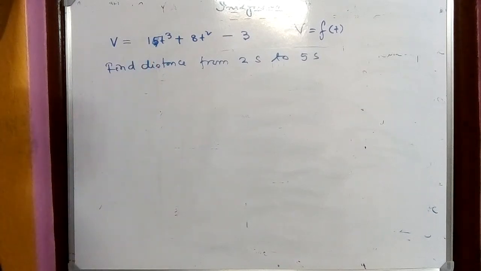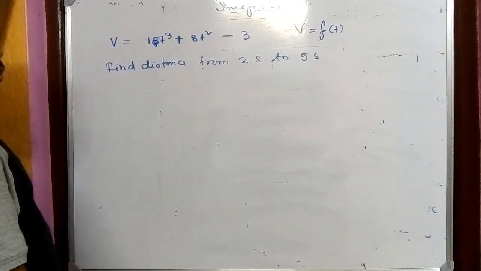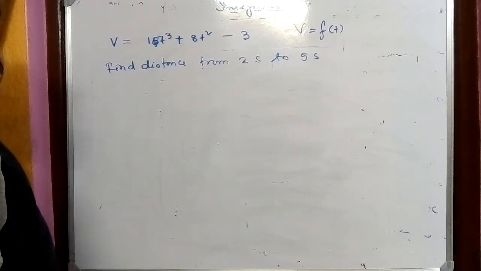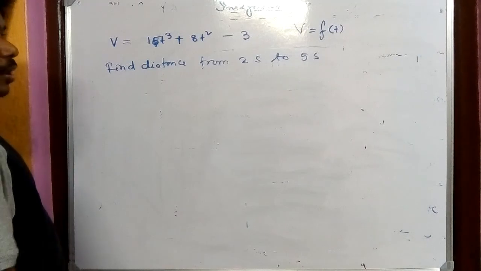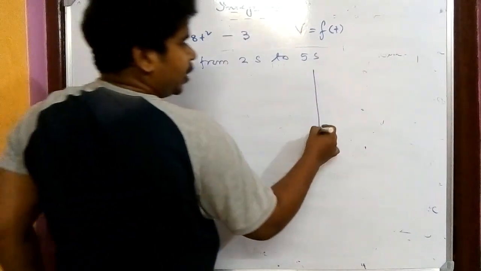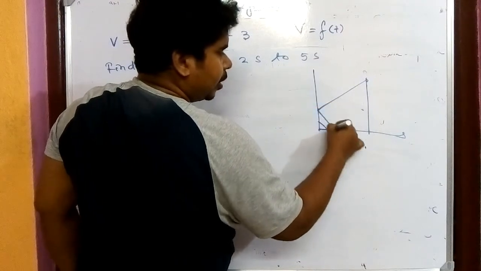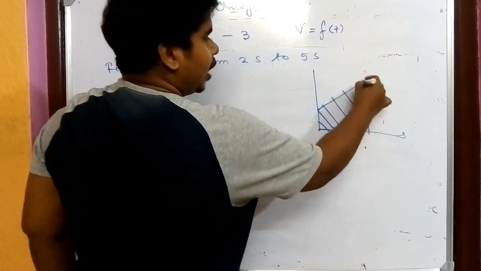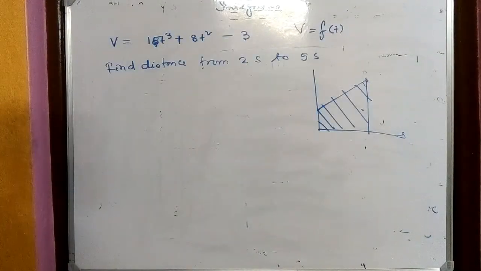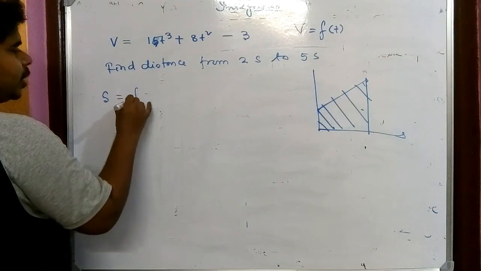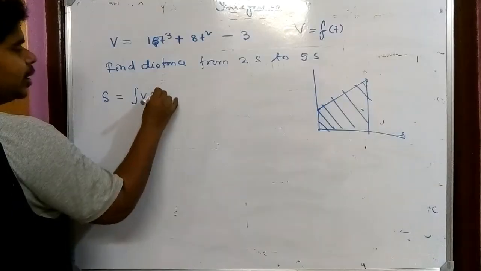As the velocity is given, we know the integration of this velocity will give us the total distance, because a velocity-time graph is given to us. If I find the area, then we are able to find the distance. And how can we find the area? By finding the integration. So distance is equal to integration of v dt.